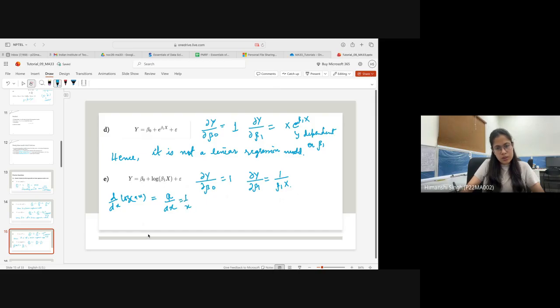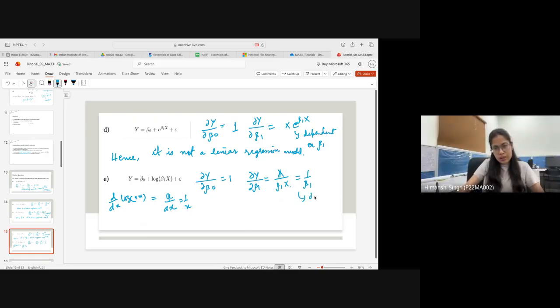And here it is the derivative of log of beta 1 x, so it is 1 upon beta 1 x, and we are doing the derivative with respect to beta 1. So it will be x when we differentiate beta 1 x. So it is 1 upon beta 1.